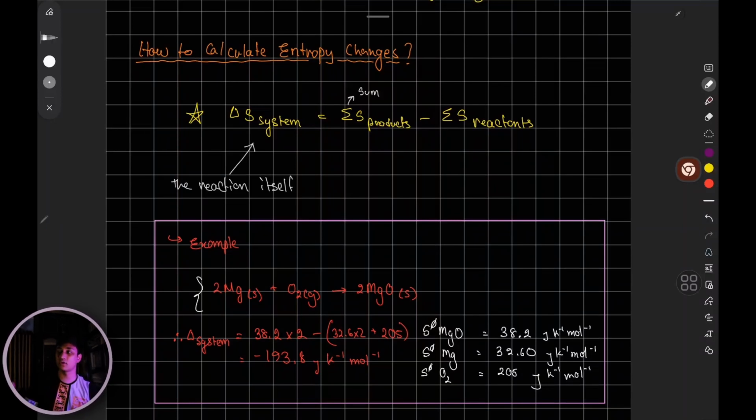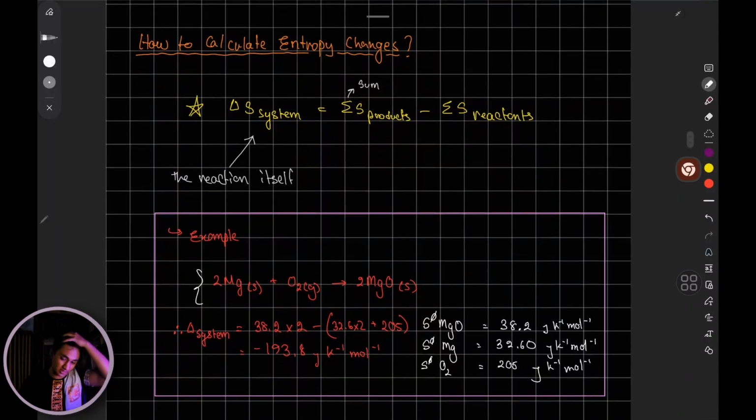It might even decrease, resulting in a del S value that is negative, meaning entropy goes from a higher to a lower value. So it might go from a liquid or a gas to turning into a solid. And even in those cases, the reaction might be feasible. The reaction might actually take place.